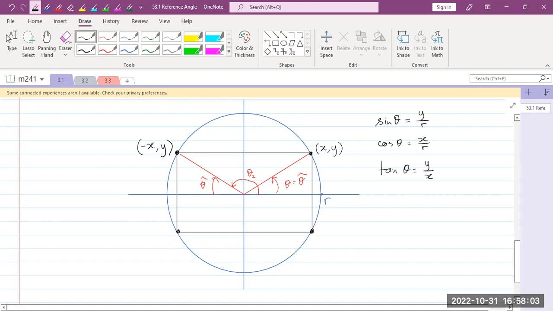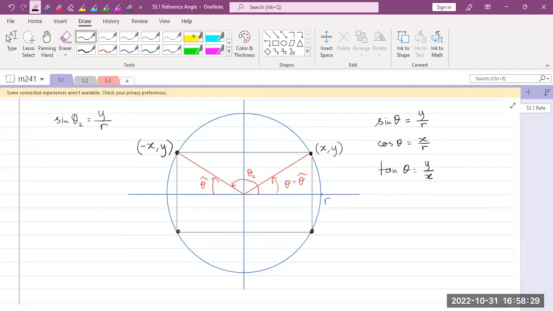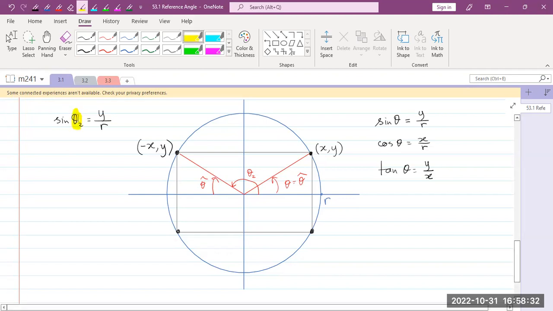And notice that because in quadrant 1, x and y are positive, all of sine, cosine, tangent must be positive if theta is in quadrant 1. Now, if we switch our view to theta 2, sine of theta 2, according to our picture here, is the y component over r. Notice that when theta is in quadrant 2, theta 2 here, the sine value is exactly the same as its reference angle theta.